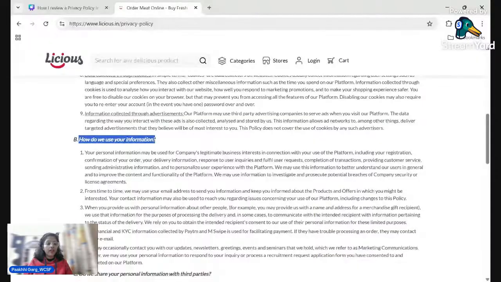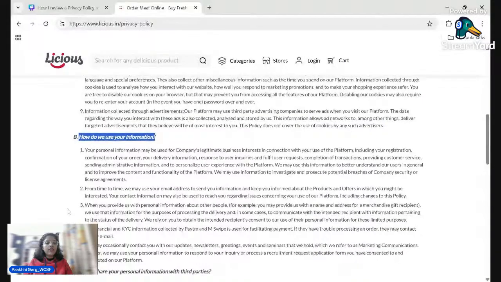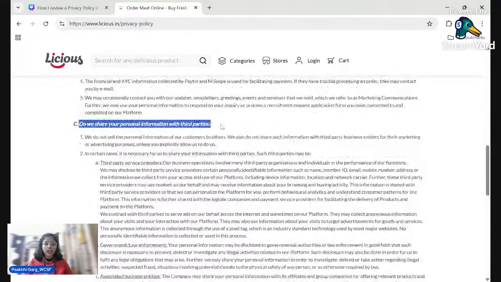Number 4 we have is sharing the data with third parties. Now, here you'll see that they are going to share the data with their delivery partners, with their payment gateways, with the analytic tools, and sometimes even with their affiliates. This is pretty much normal for an e-commerce company. But what I'm going to look for is whether they explicitly mention the processors, the data processors.